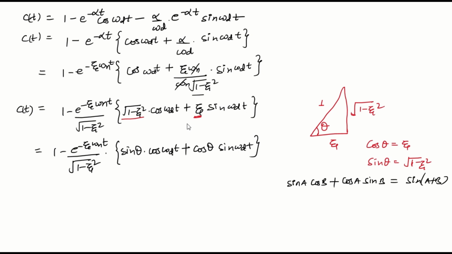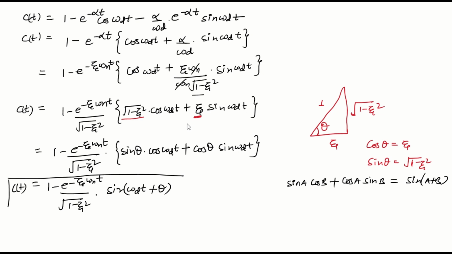So I can write it as 1 minus e raised to power minus zeta omega n t divided by square root 1 minus zeta square, and this will be sine of omega d t plus theta. So the final expression for the time response of a second order system in the underdamped case comes out to be this.